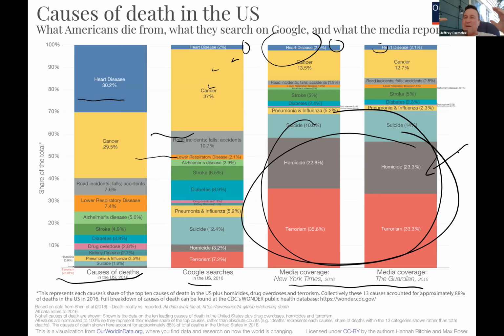So we look at these mass deaths, and we fixate, this is how I'm going to die, but in reality, it's the heart disease and the cancer that's killing most people. So it's so interesting to take a look at this and see what people worry about, what they search, what's reported, versus what's actually your biggest danger and risk in the world.